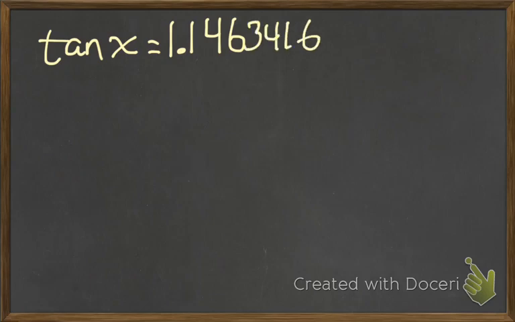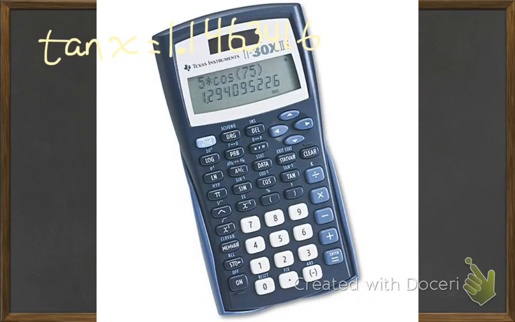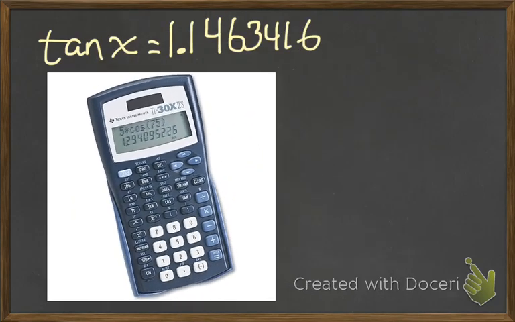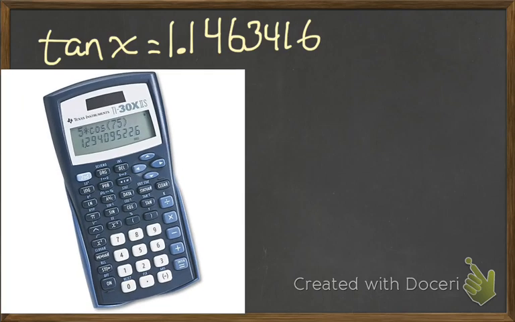So if I'm looking now at my calculator, in order to solve this problem, this is what you're going to do. If you're writing this on paper, you're going to write this. x equals tan inverse.